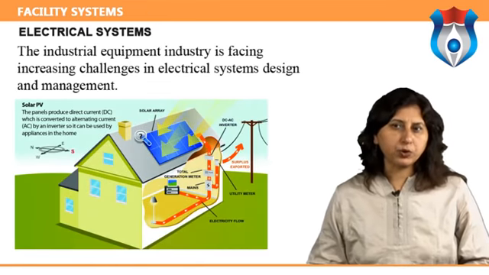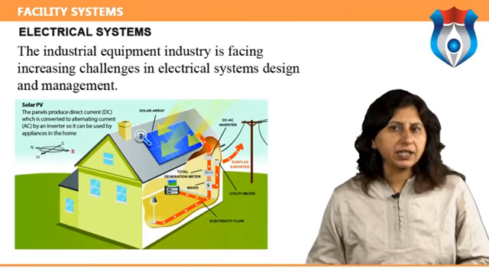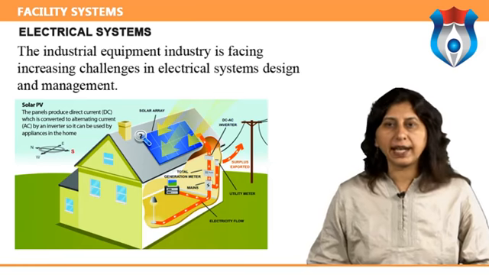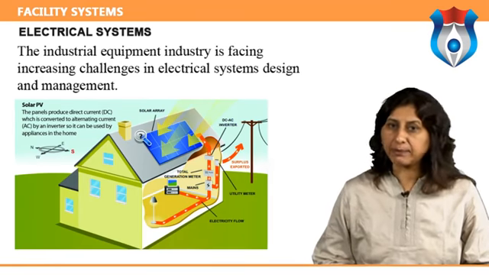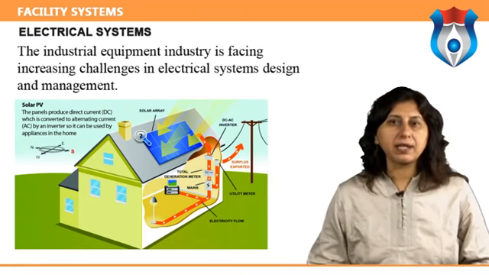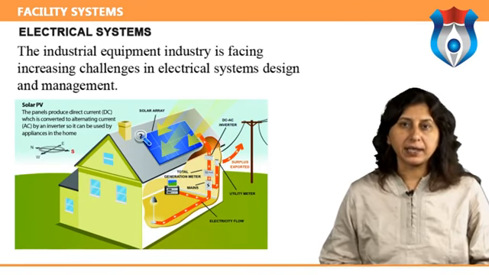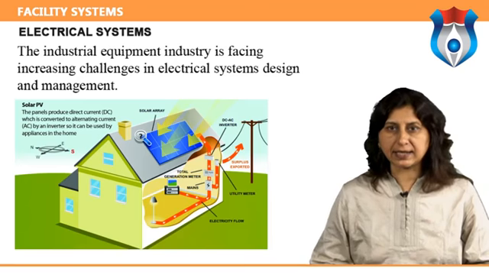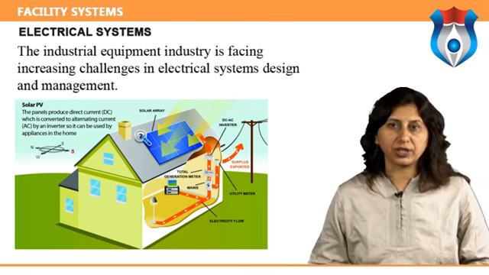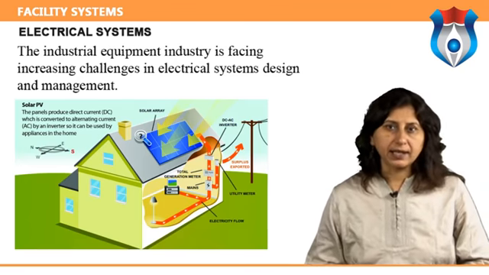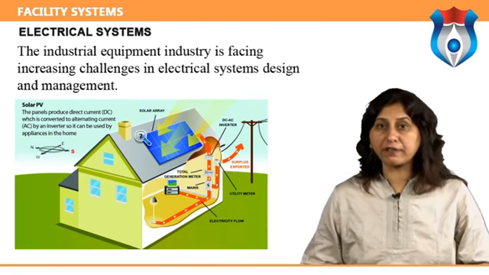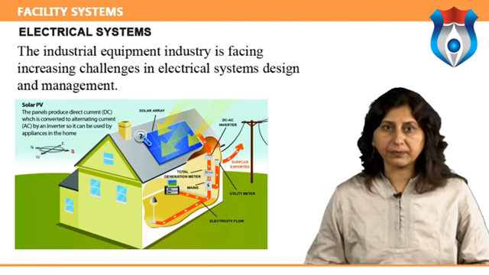The industrial equipment industry is facing increasing challenges in electrical systems design and management. In the past, electrical devices and harness routes were designed by fitting them in spaces left by mechanical engineers. In some cases, the fitting is even done during physical mock-up validation.